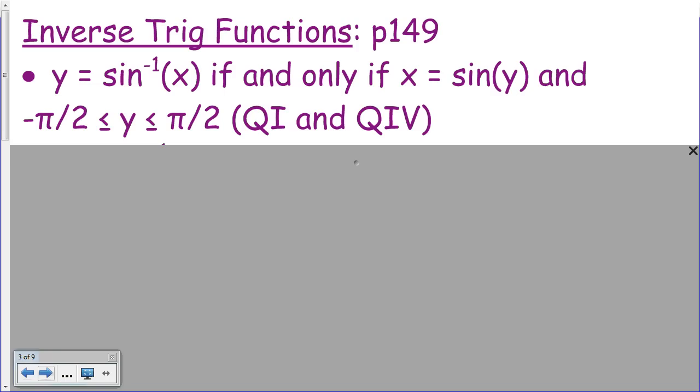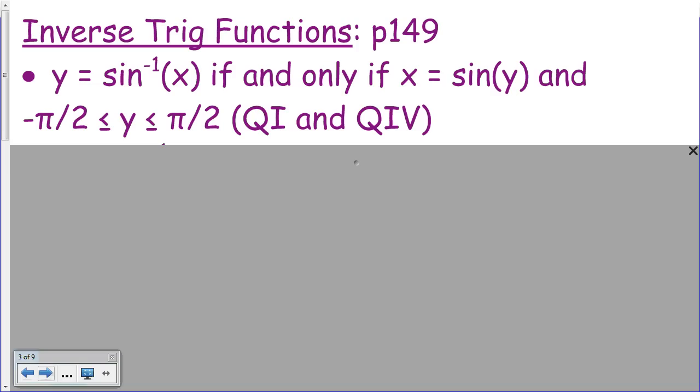So that's what we have here, that we have a restricted domain on sine. It's the sine of y, and so this is the restriction on the input for sine, or that corresponds to the output of sine inverse, the y value there. So it's the domain on sine, but the range on sine inverse.